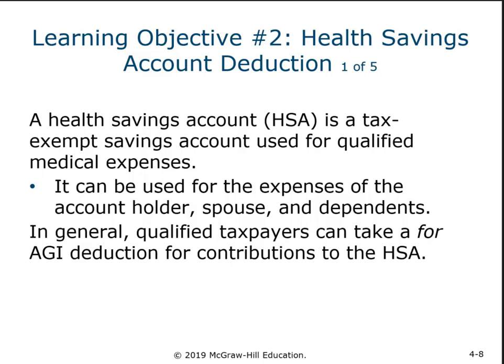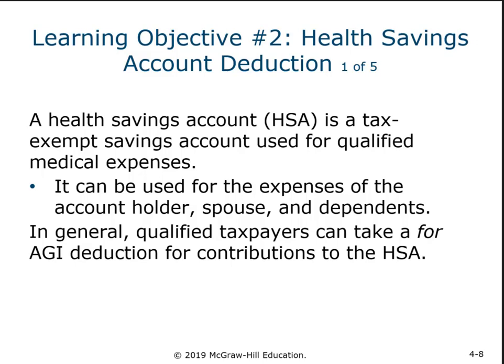So a health savings account is basically, the idea is you put money into an account that you can use to pay costs for medical care, and if you do so, the money coming out of it is not taxable. It's used for qualified medical expenses, and again, it's got to be for you, your spouse, or your dependents.